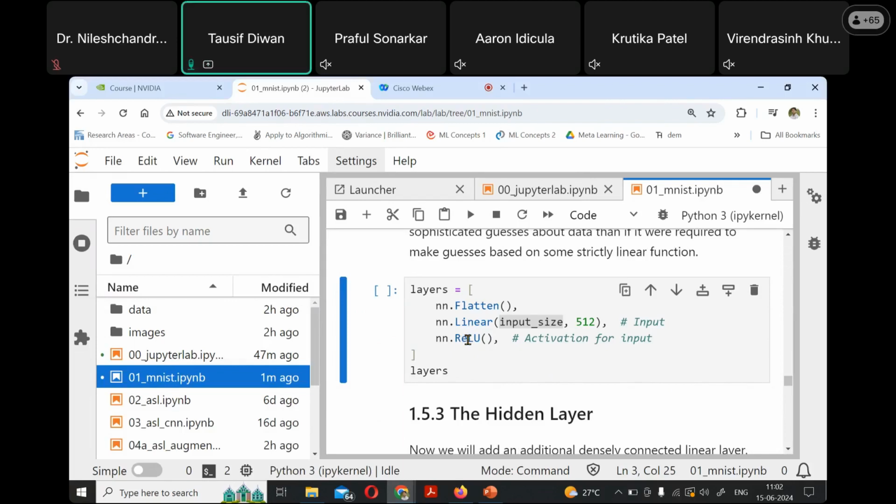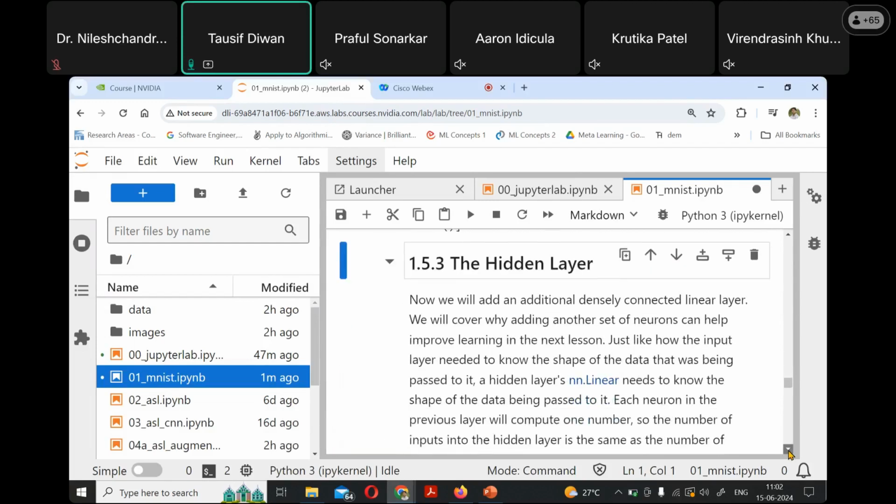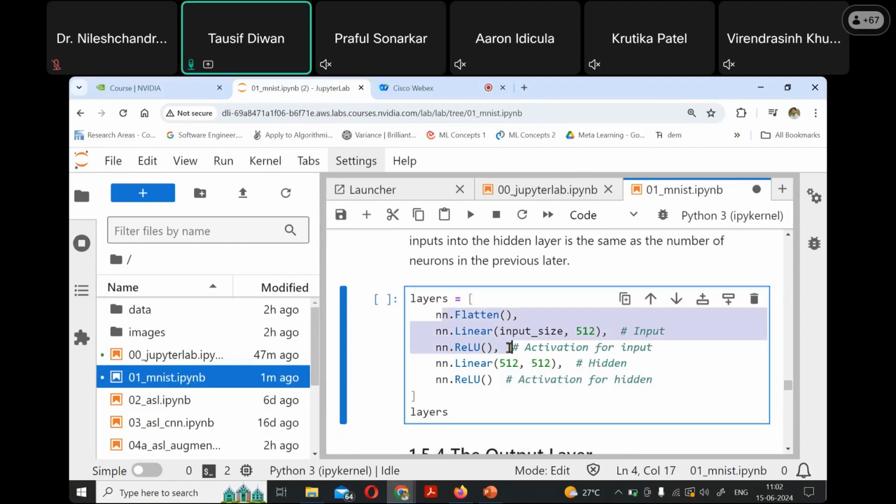Every neuron in that hidden layer is activated with the help of a nonlinear activation function, and that is nothing but nn.ReLU, the rectified linear unit. Just run this cell. Here we have not created any model, we are just adding the layers. Now we are adding one more layer. This one we had already added.